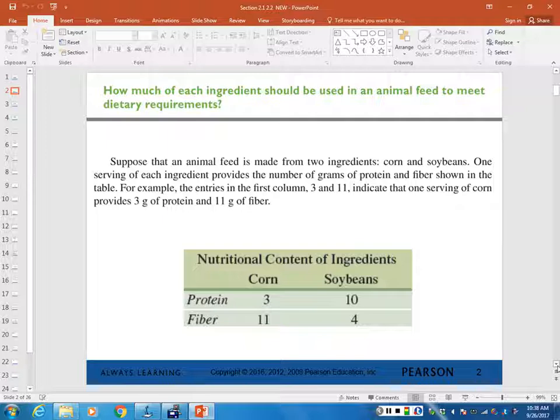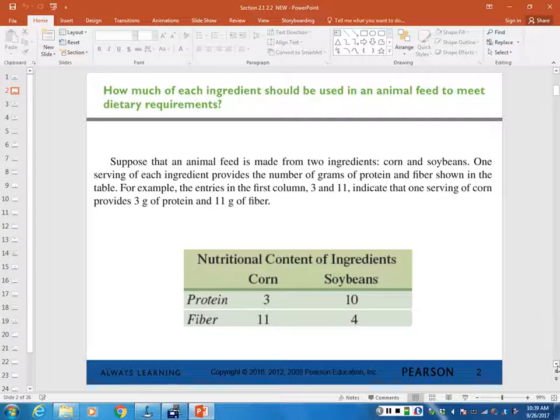Now, if this was a real situation, you would be looking at protein and fiber and fat and various vitamins and minerals as well. And there are linear equations that incorporate all those variables, but we want to narrow it down to two because up to this point, the only kind of equations you've ever seen are linear equations with just two variables. And we'll expand on that a little bit in the next section.